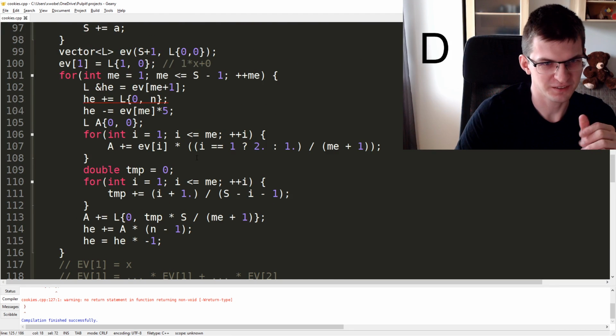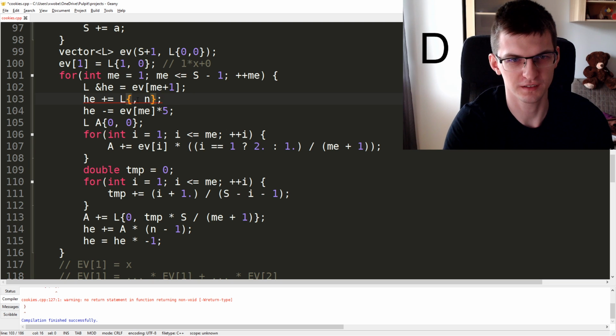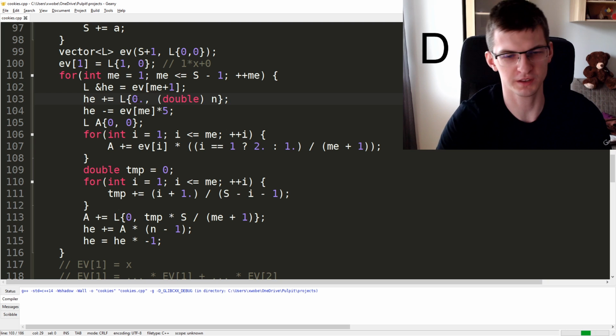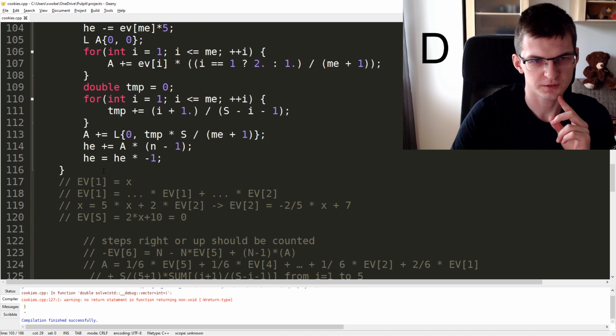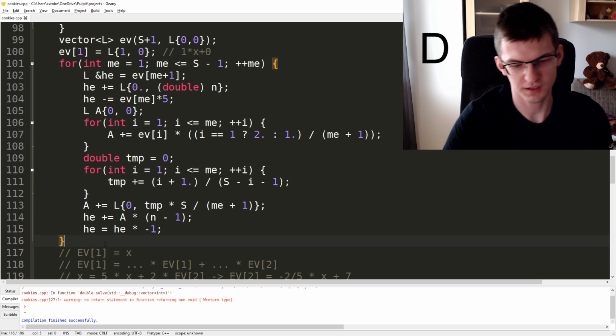I think it's like 5% probability that everything here will be fine. It's just a warning, but let's get rid of that. No return statement. Okay, I computed EV of that.